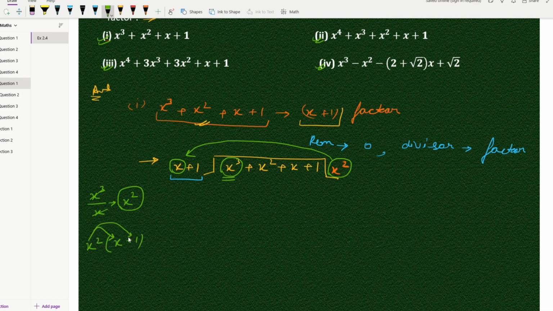This will be x square into 1. So this will be x cube plus x square. यहाँ पर रख देते हैं इनको. This will become x cube plus x square.